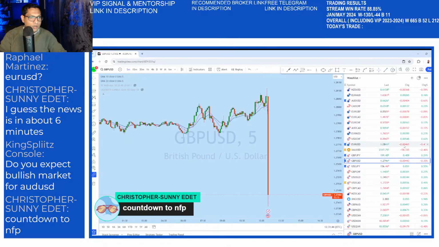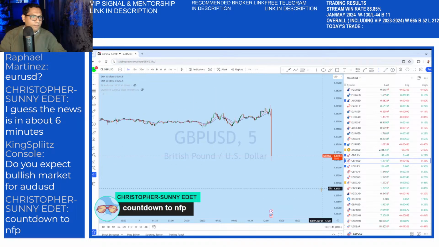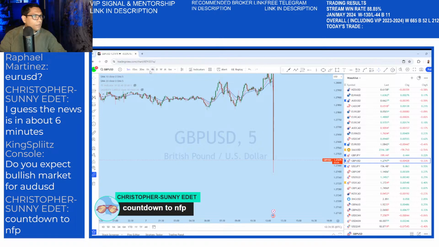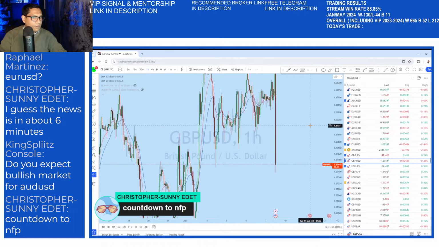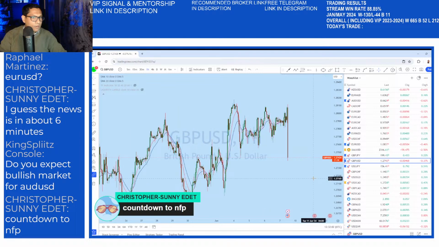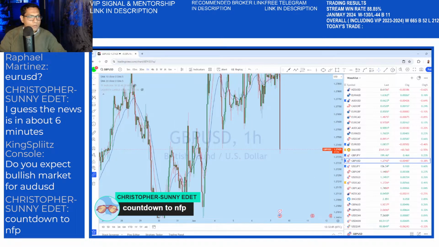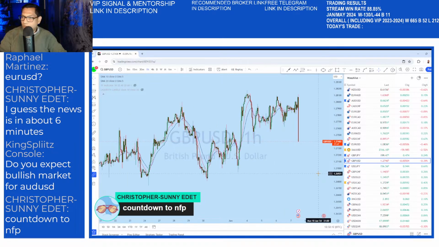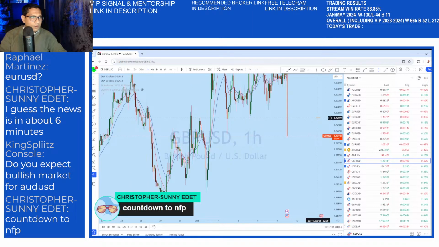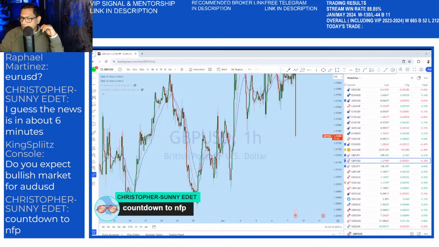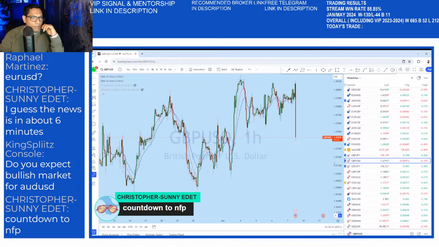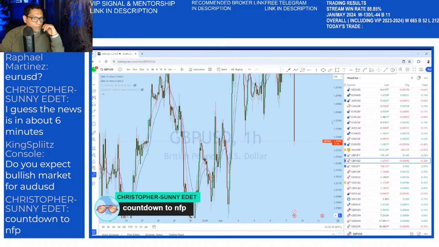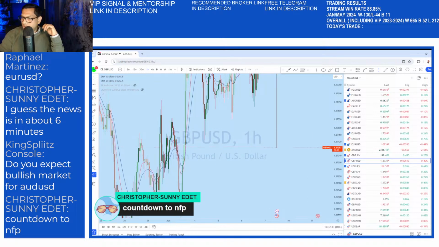Let the market first break, and then we can look for entry. So GBP USD just keeps pushing down.